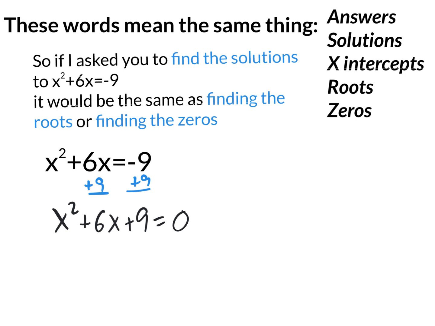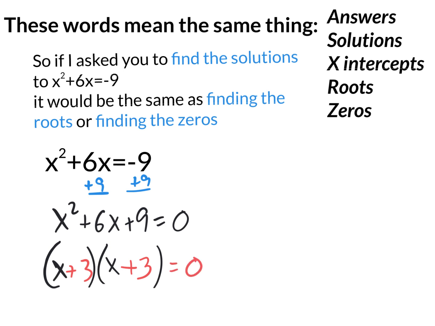Why are they called roots? Well, if I continued to solve this and I think about factoring, I would be thinking, what times what is the c value 9 that if I add together is a middle value 6? What would it be? Obviously, 3 times 3 would give you a 9, and if you add it together, it gives you 6, right?